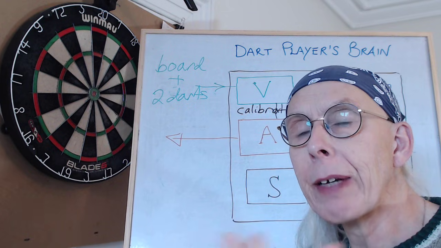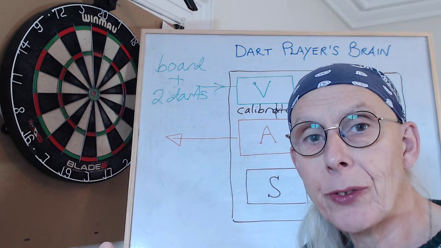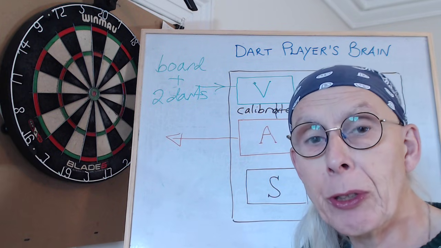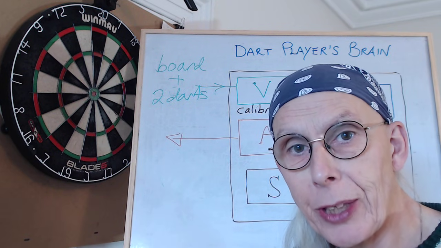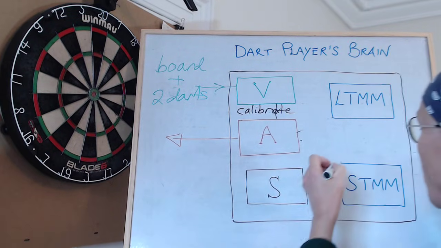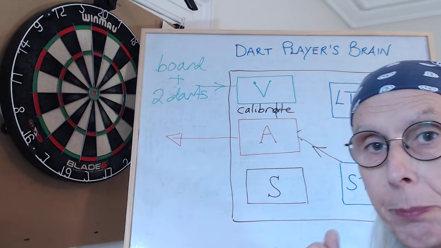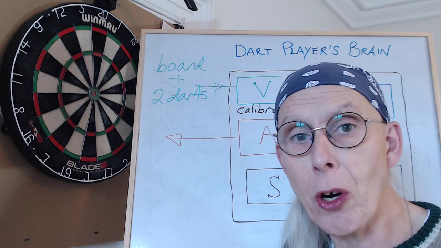There's some kind of lingering memory of what was happening, say 30, 60, 120 seconds ago. But on the third dart, we're talking about 10 times faster timescales, what happened a few seconds ago. So the main input in terms of muscle memory is short-term muscle memory, very, very strong.